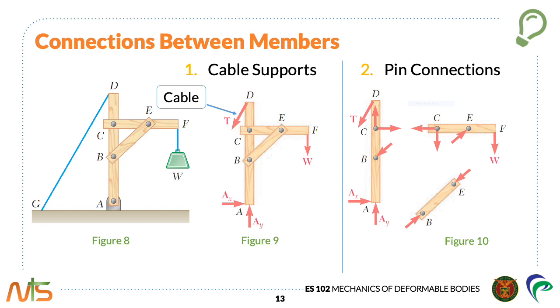And the components of the force exerted at C by CF on AD are shown equal and opposite to the components of the force exerted by AD on CF. This is in conformity with Newton's third law, which states that the forces of action and reaction between bodies in contact have the same magnitude, same line of action, and opposite sense.